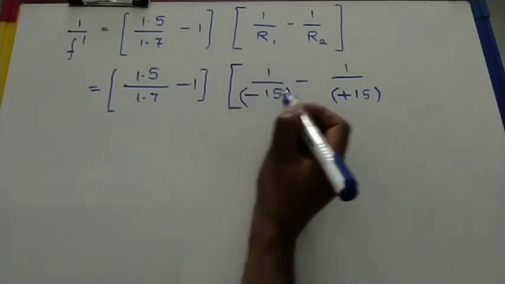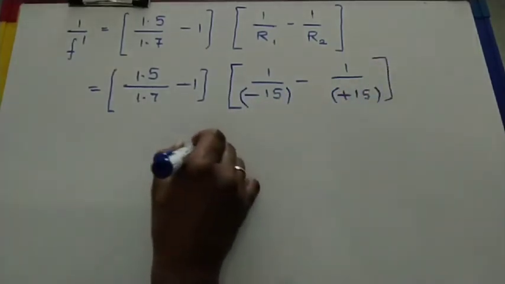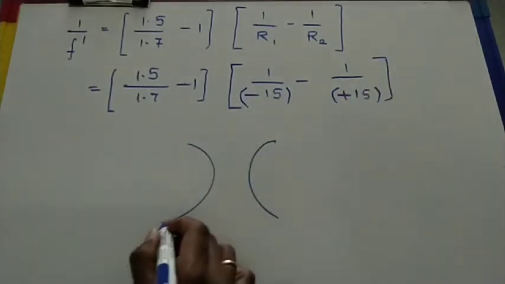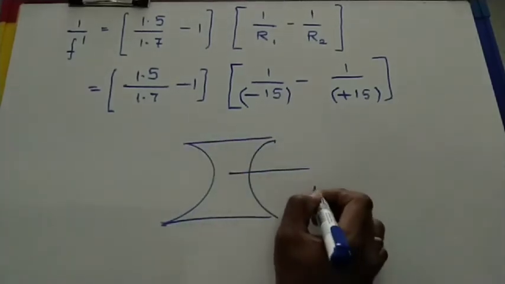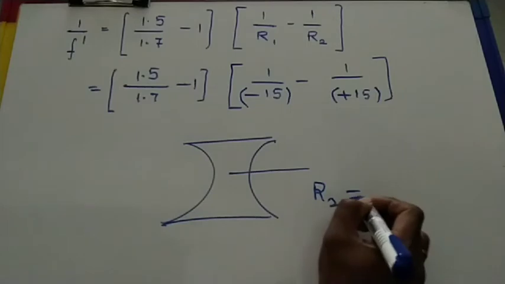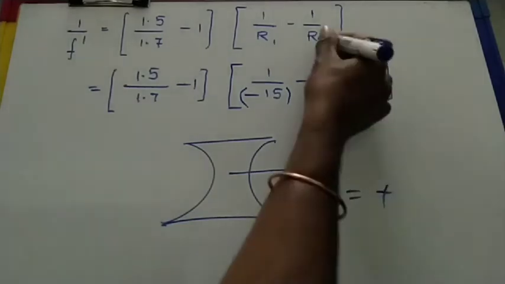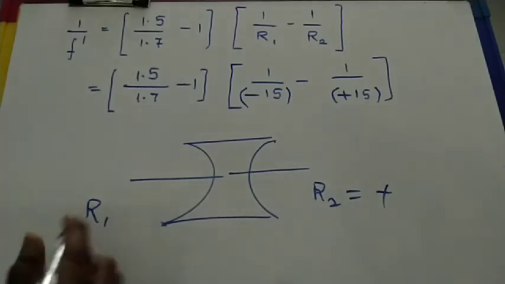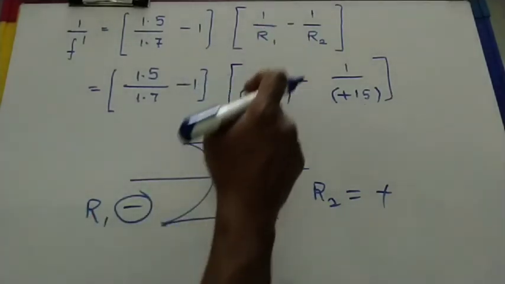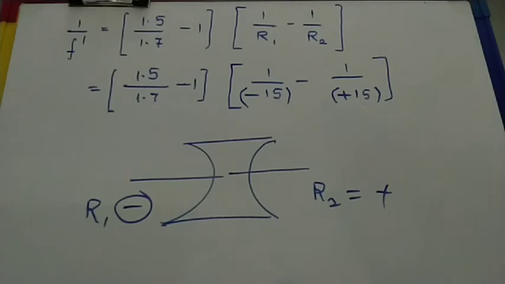I already told how, because it is a concave lens, here R1 is taken as minus and R2 is taken as plus.